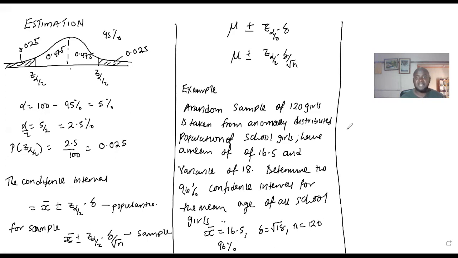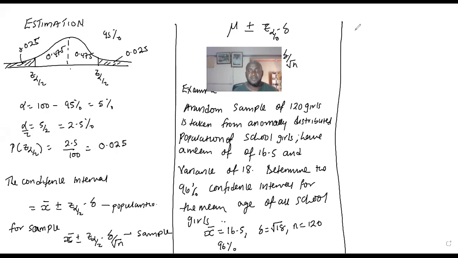At 96% confidence, so the probability of confidence is equal to 96 over 100, which gives us half of that probability, 96 divided by 2. What do you get?